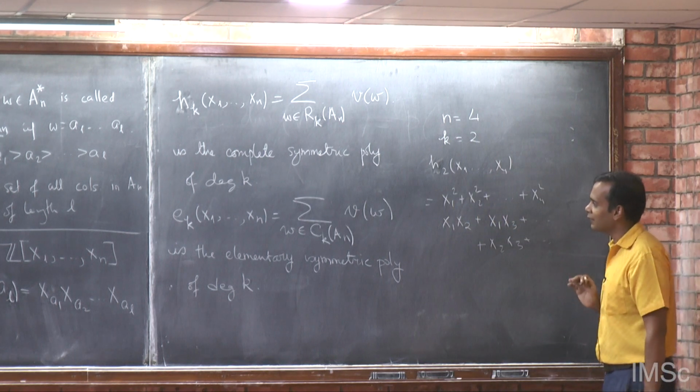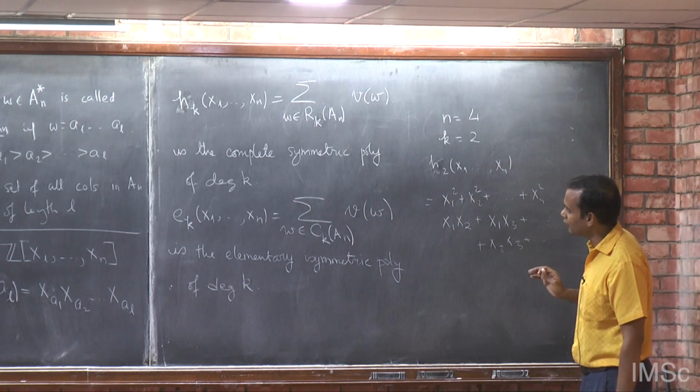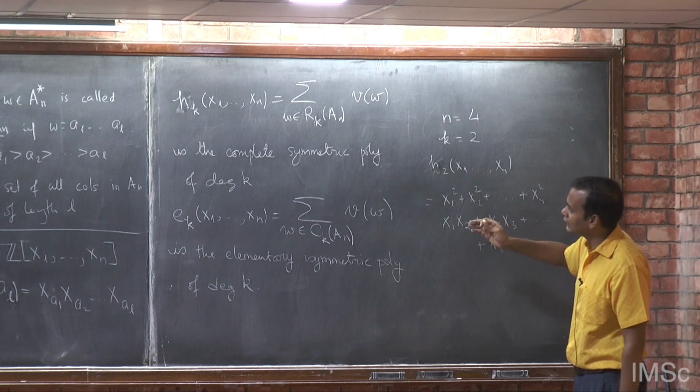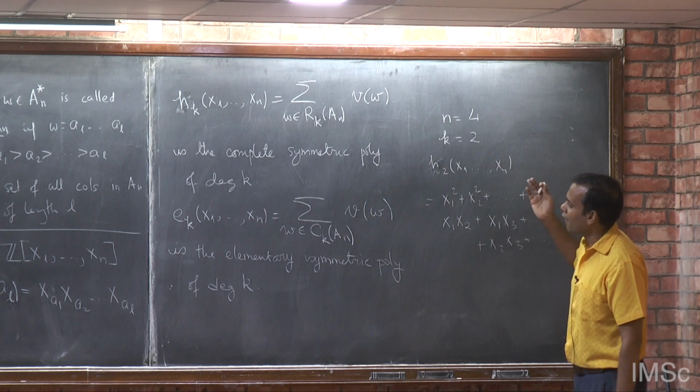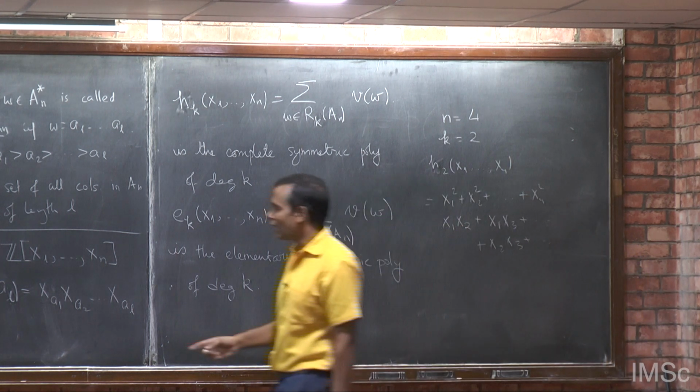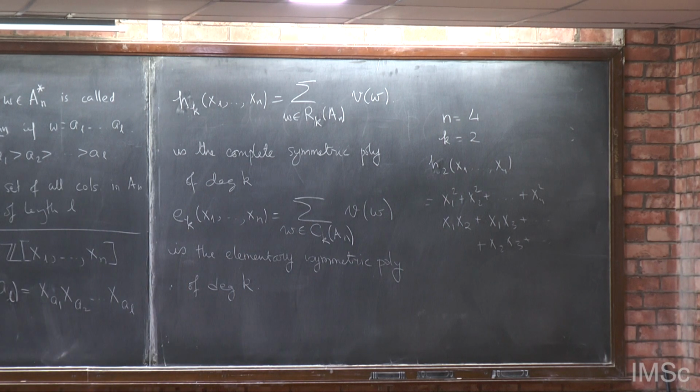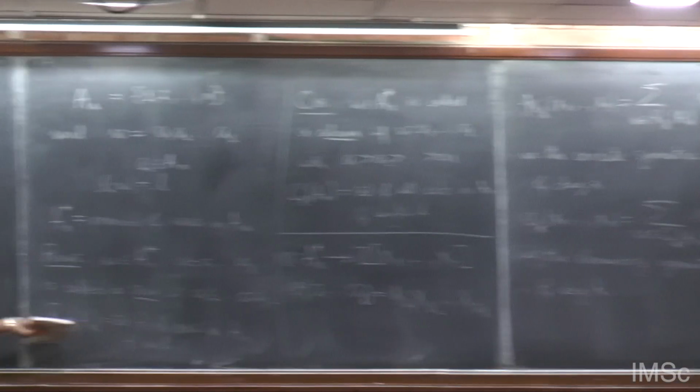No, the cardinalities are different. What do you mean cardinalities? No. So this R_L is the number of sub multisets of size L in a set of size n.